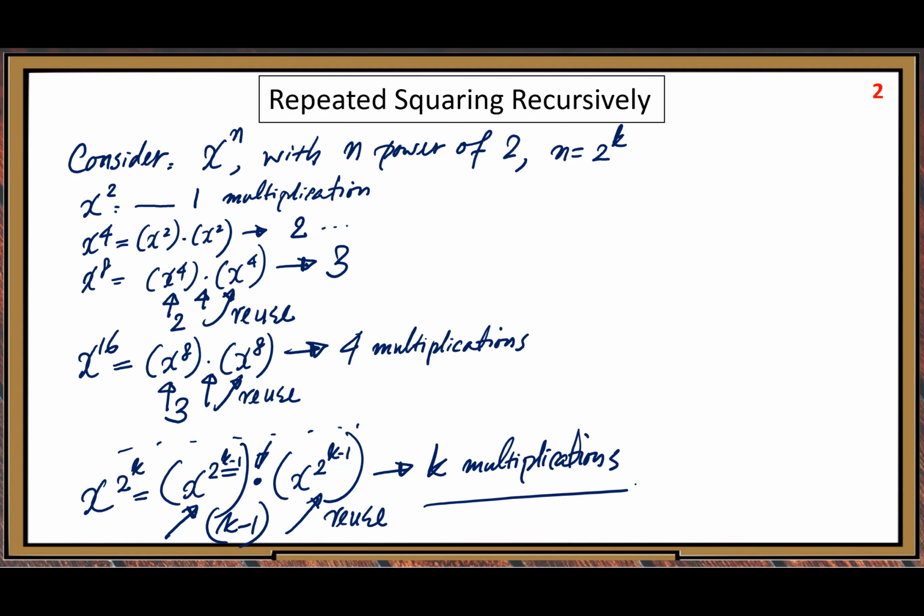So you can see we can save a lot. Let's consider this question: how much do we save?